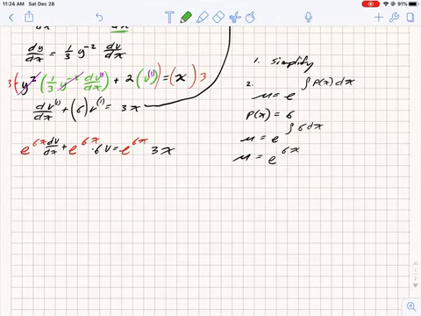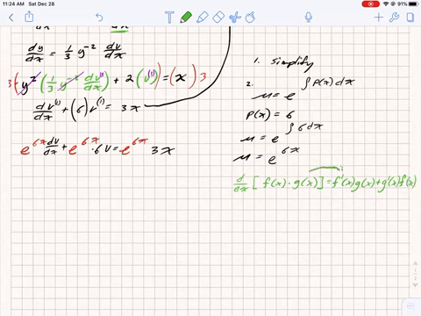we need to do the reverse product rule, which is the derivative of two functions multiplied by each other is going to be equal to the derivative of the first function, copy down the second function, add that to the derivative of the second function, and we copy down the first function.